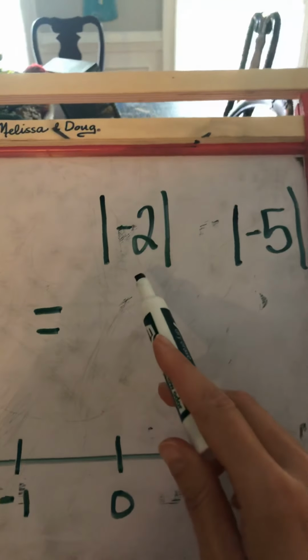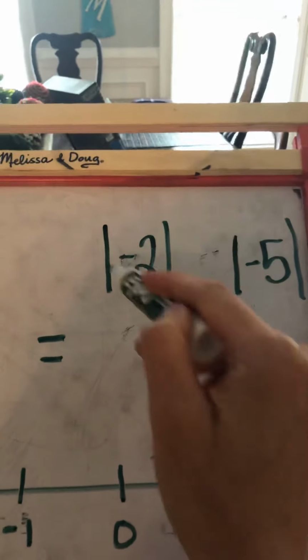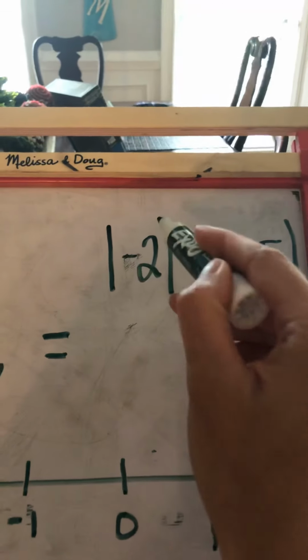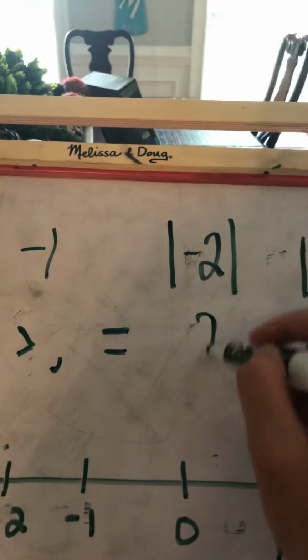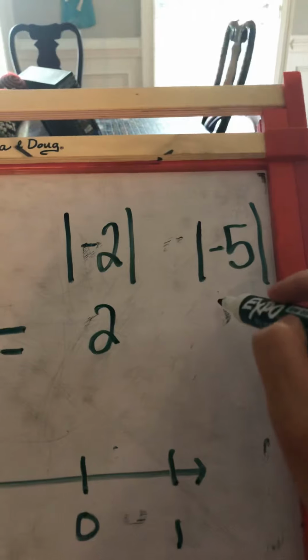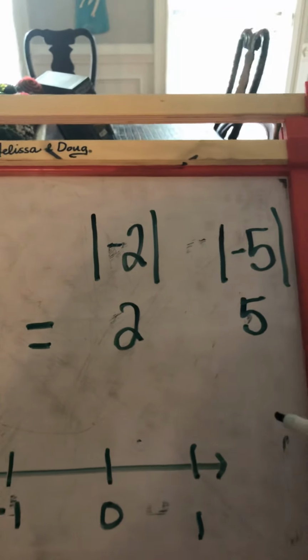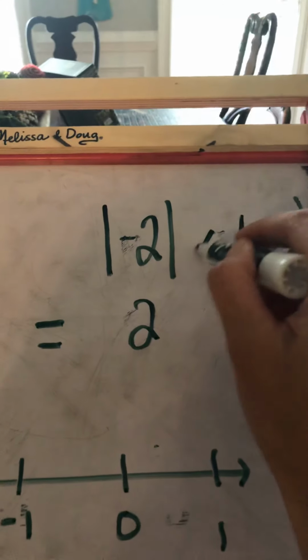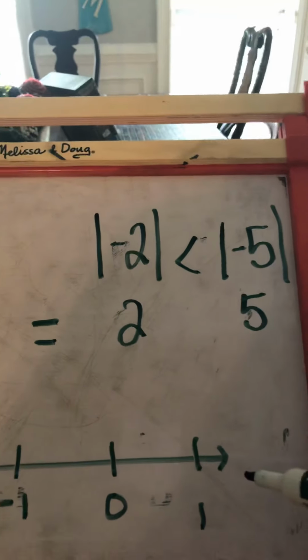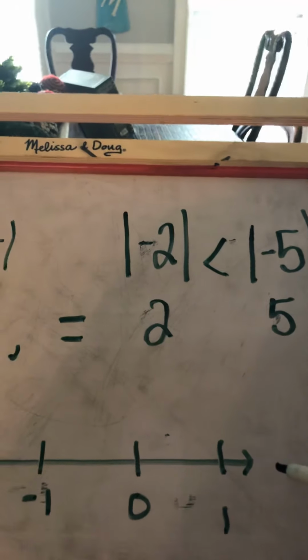Well, we know that absolute value is a positive form of whatever's inside our absolute value sign. So this is 2. And the absolute value of -5 is 5, because absolute value can never be negative. So now we can put our less than sign. Okay?